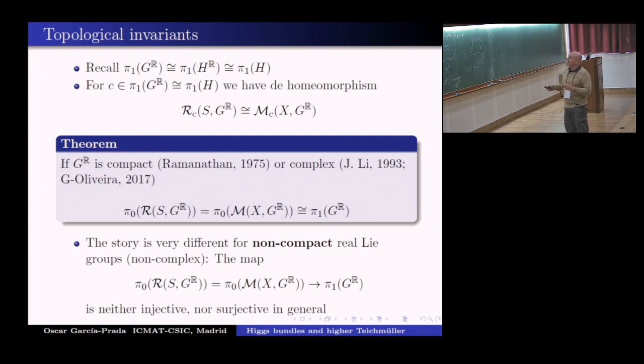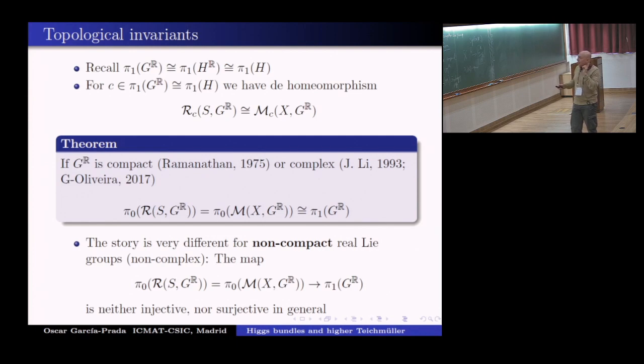For complex groups, this was Jun Li. With André Oliveira, we extended this to non-connected groups, that's why I put this here. But from this point of view, it is Ramanathan, and then for complex groups, Jun Li. Connected components are parameterized by this invariant.